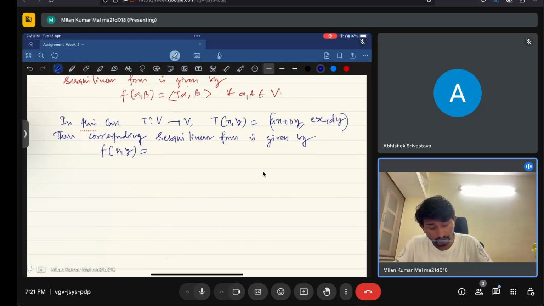Sorry, corresponding sesquilinear form means two elements will be there, that is f((x1, y1), (x2, y2)), that should be equal to the inner product of T(x1, y1) with (x2, y2).